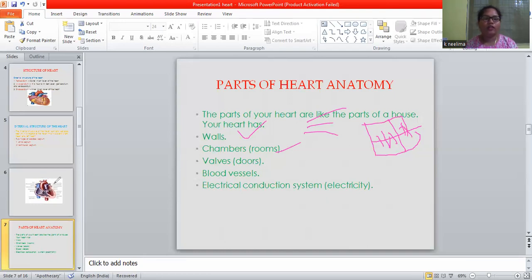Next we will move to the chambers of the heart.